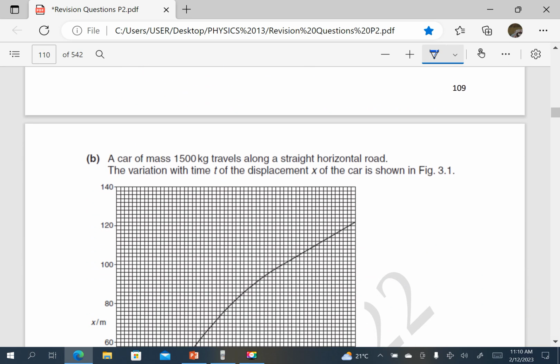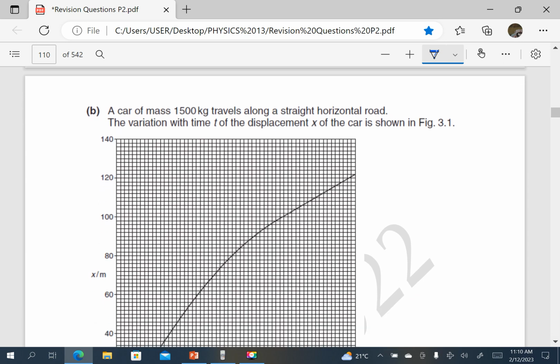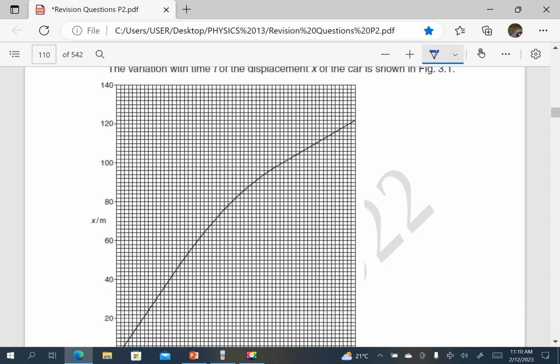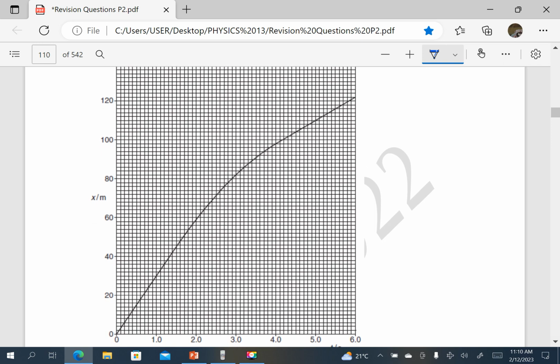A car of mass 1,500 kilograms travels along a straight horizontal road. The variation with the time t of the displacement x of the car is shown here. So this graph is for displacement against time. We can first see the most important point where it stops here. It stops around 122.